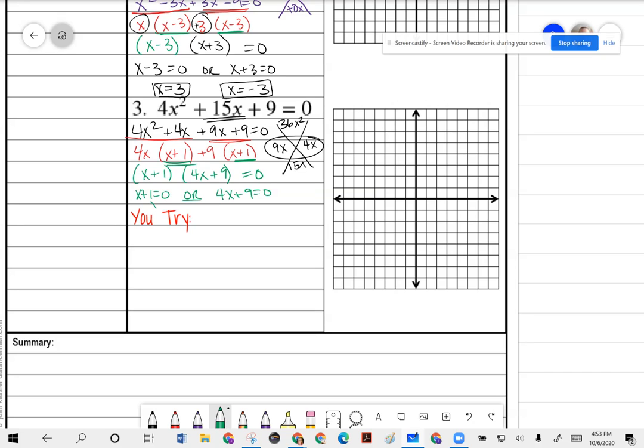So you would get x is equal to -1. And then if you were to subtract 9 and divide by 4, you would get -9/4.